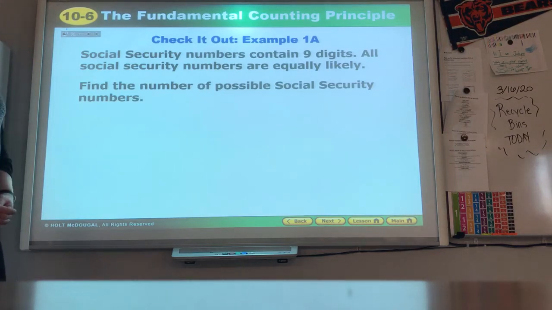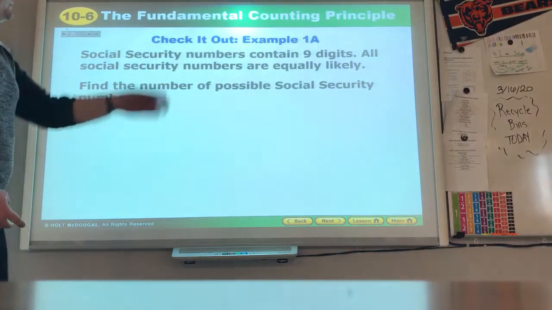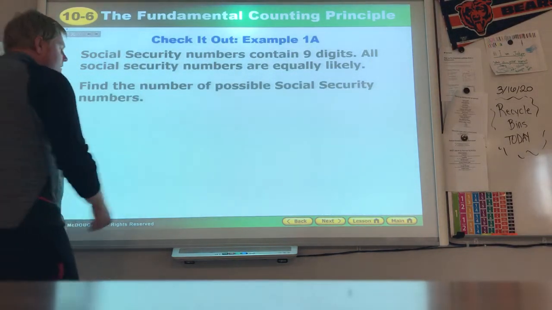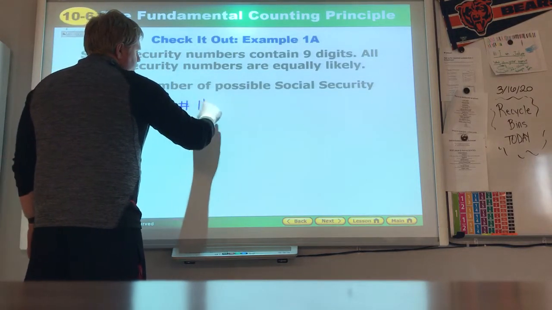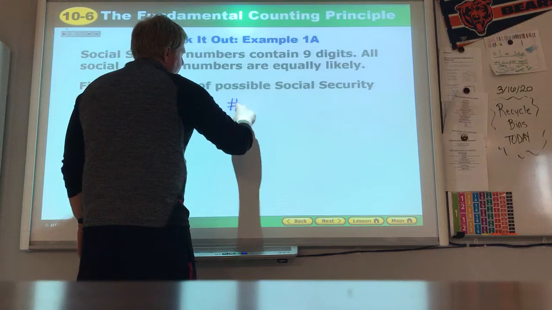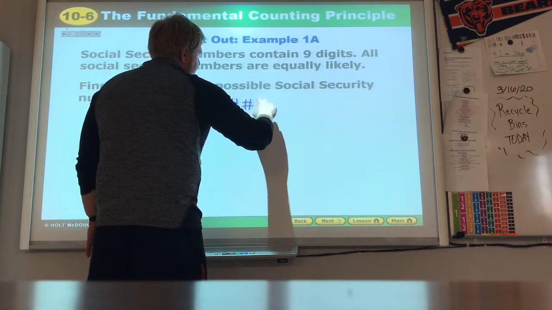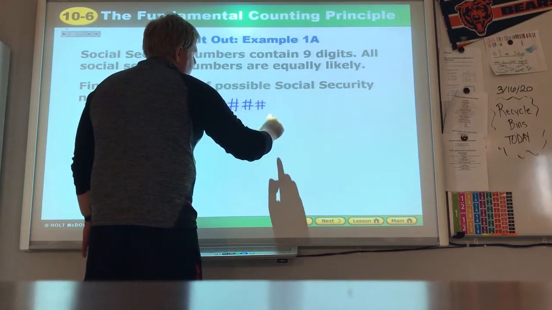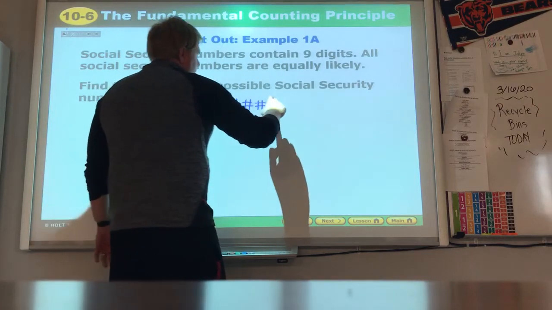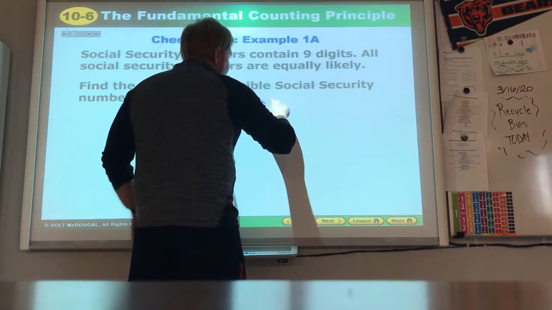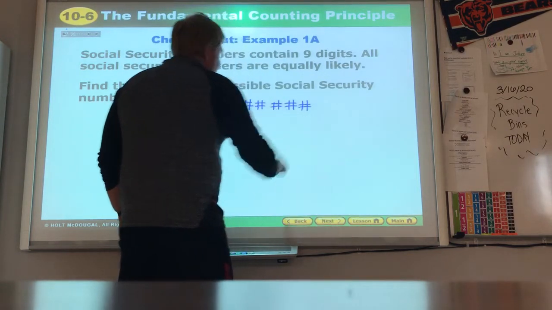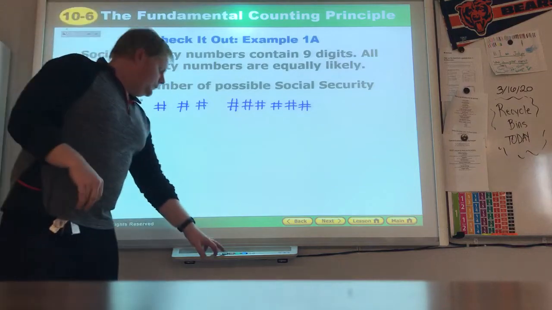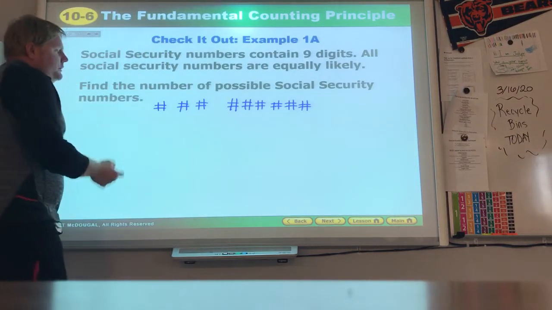Find the number of possible Social Security numbers. Your Social Security number has 9 digits. There are 9 different numbers. So, how many different possibilities are there when we have that?